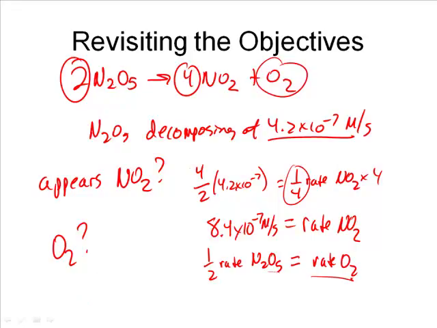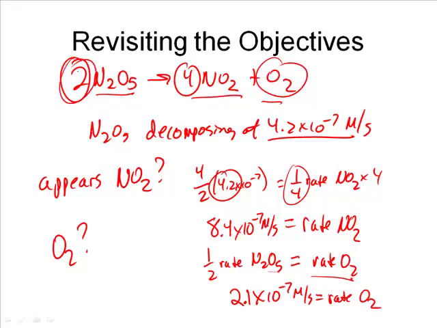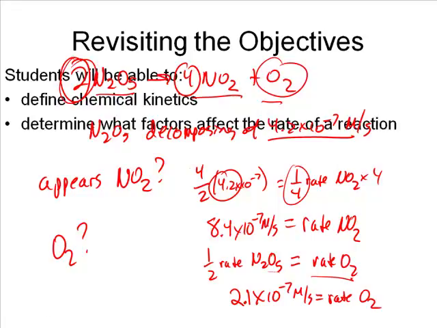So we take the rate of N2O5, we cut it in half. 4.2 times 10 to the negative 7th, half of that is just going to equal 2.1 times 10 to the negative 7th would equal the rate of O2. Okay, so anytime you know the rate of one reactant or one product, you can use the coefficients from the balanced equation and you can convert to the rate of appearance or disappearance of other reactants or products.